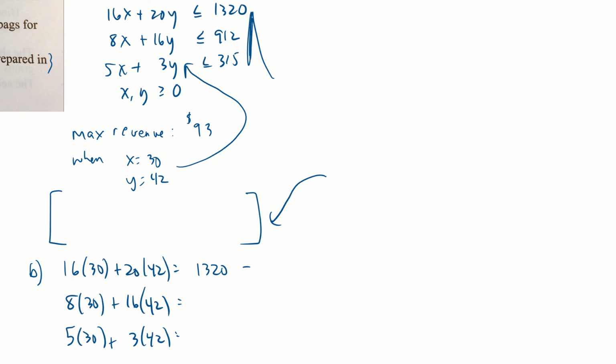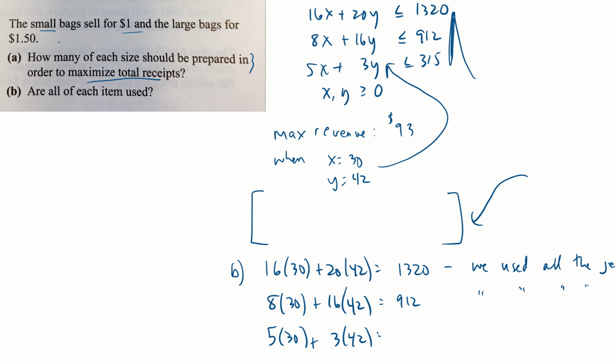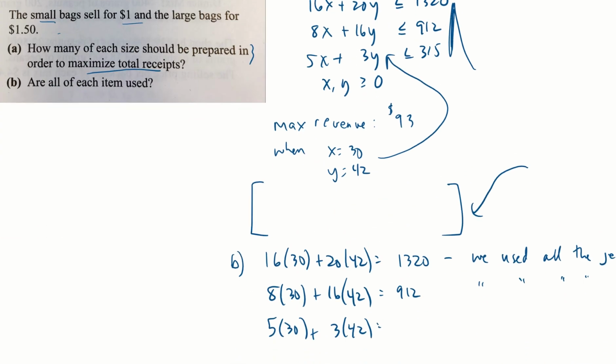So I'm going to go ahead and answer the question. We used all the jelly beans. 8 times 30 plus 16 times 42 is 912. We used all the, what was that middle one? Candy.